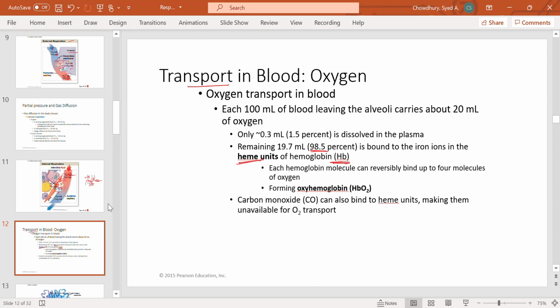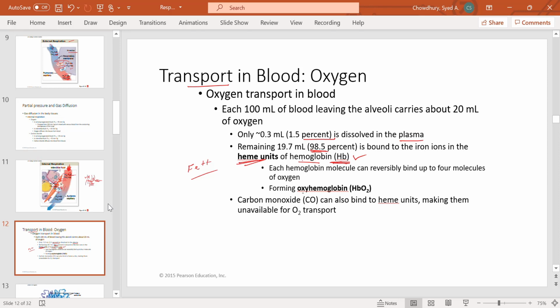You remember that heme has iron, right? Fe++, and oxygen binds with that iron of heme, and 98.5% of O2 is transported by the heme of the hemoglobin, and only 1.5% is transported by the plasma, dissolved in the plasma. So mainly by the hemoglobin.